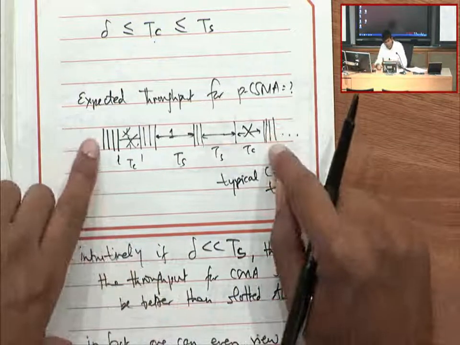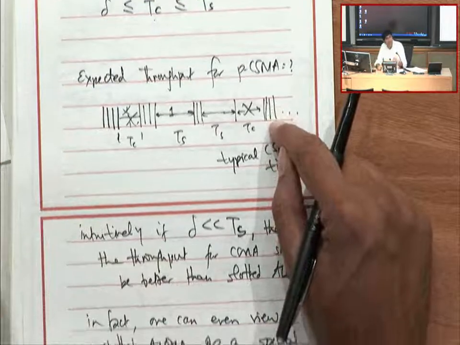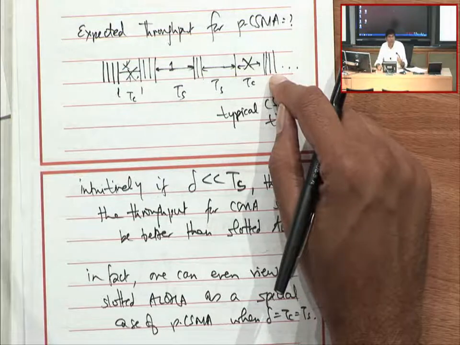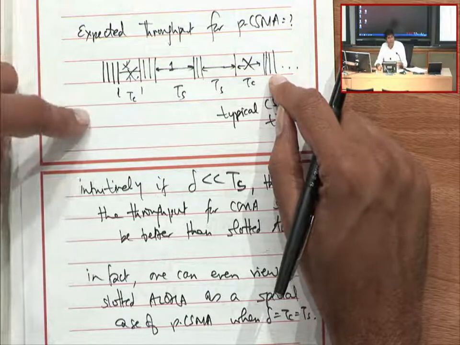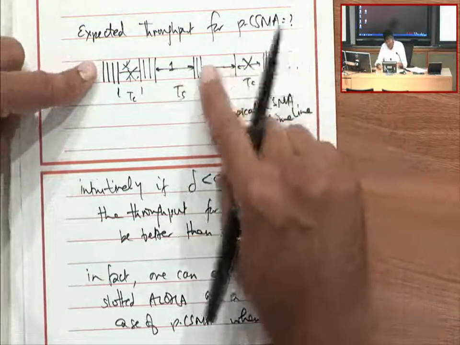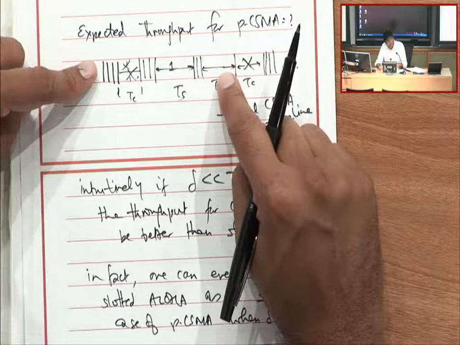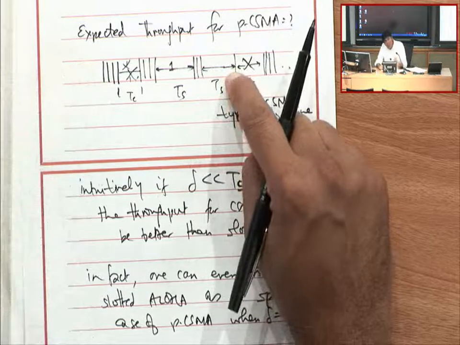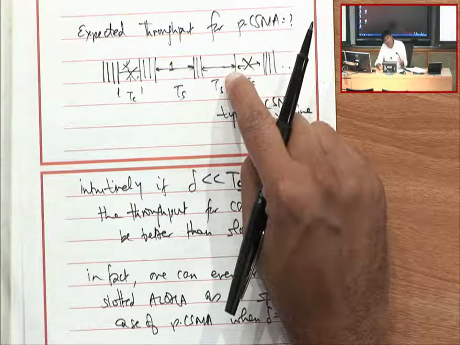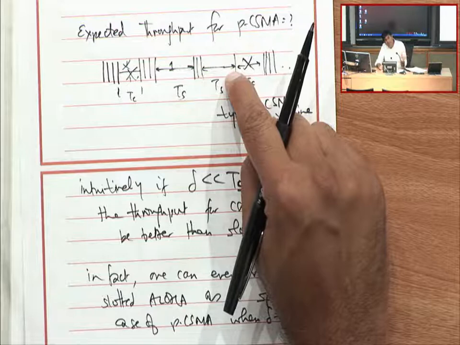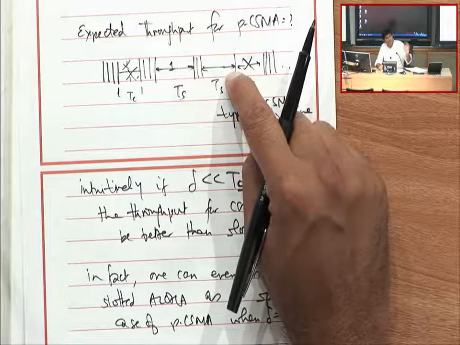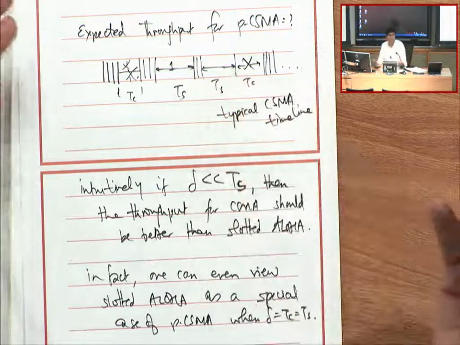And long term, what I'm interested in saying is what is the fraction of time I'm spending in successful packet transmissions? That's my throughput. And if I want to figure out my expected throughput as the long-term fraction of time spent doing something that's the successful transmission period, the way I can compute that is to focus on each epoch separately and say what is the expected duration of the epoch, put that in the denominator, and say what would be the expected duration if it was successful, put that in the numerator, and take that ratio, that's going to be the expected throughput.